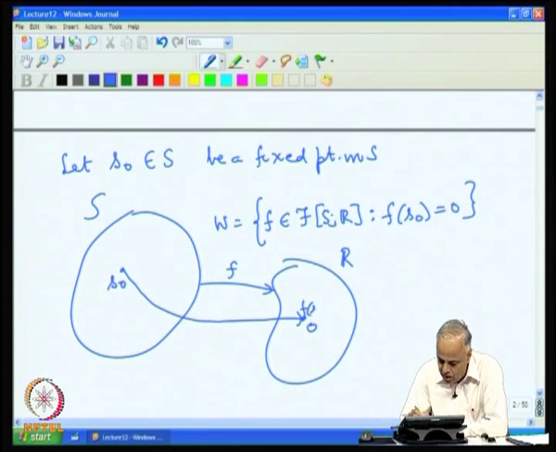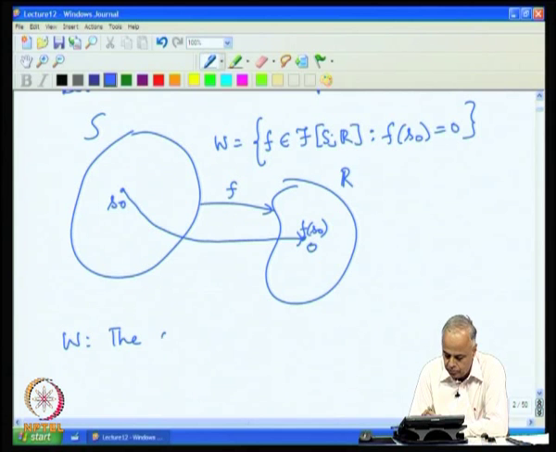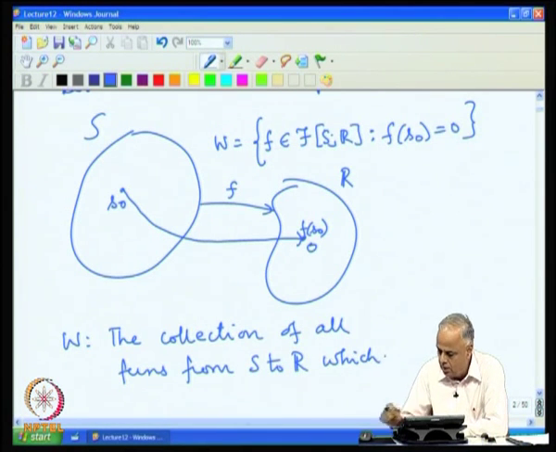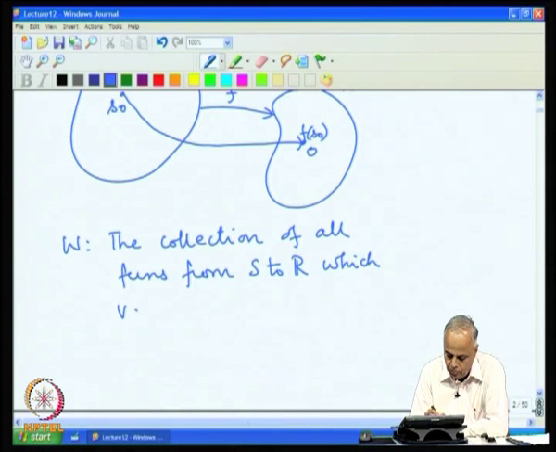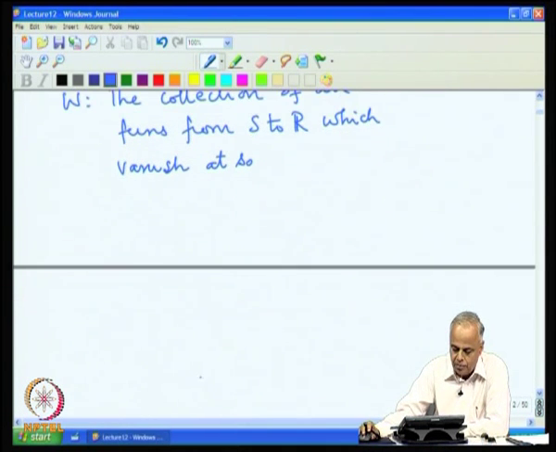So, W is the collection of all functions from S to R which vanish at the point S naught.